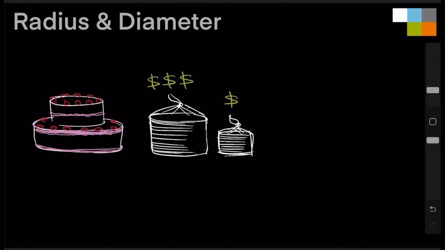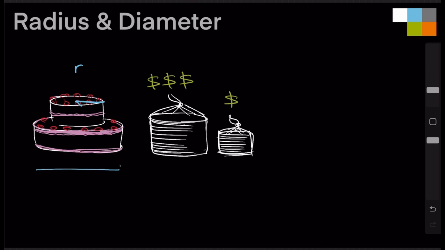Every time you're going to cut one of these pieces of cake, you're not going to cut a slice from one end to the other and give that to someone. But what you're probably going to do is put the knife in the center and cut someone a slice from there to there. And every time you do that, you're using the radius in order to cut someone a slice.